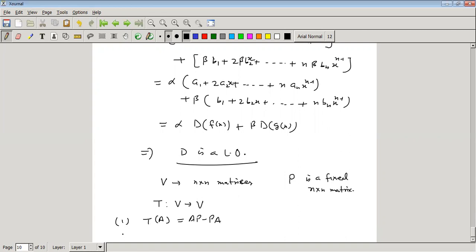And second, we define T of A equal to AP plus PA. Show that T is a linear transformation. So this is an assignment question for you. Keep this in mind. Okay.